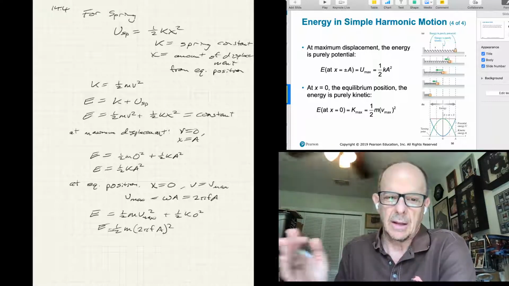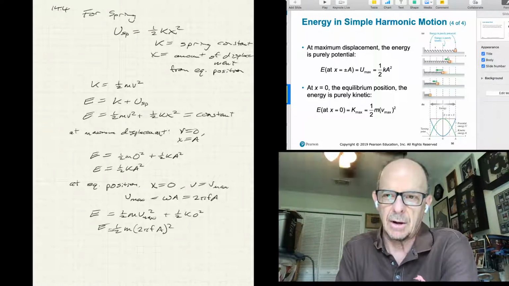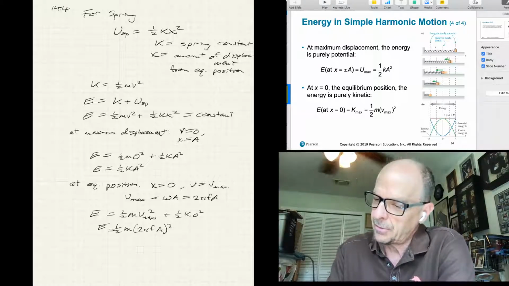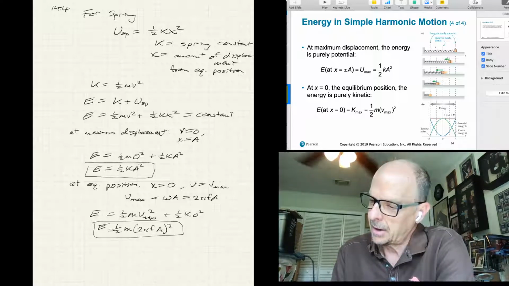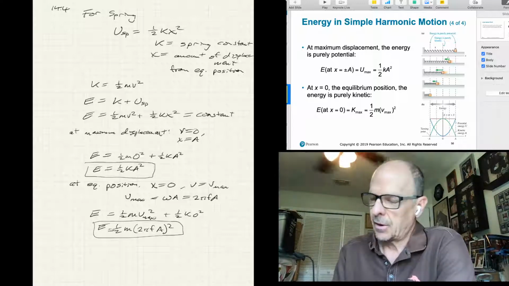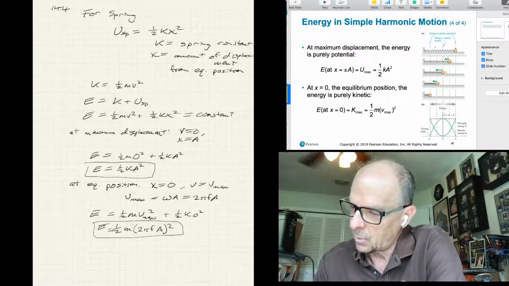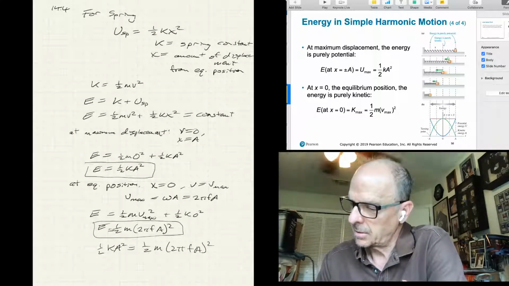It is only the exchange of energy between potential energy and kinetic energy that's happening, but the total energy is constant. So both of these expressions for total energy are true, and if they're both true, then they're equal to each other. So that tells me that 1/2 Ka squared must equal 1/2 m times (2 pi f a) squared.